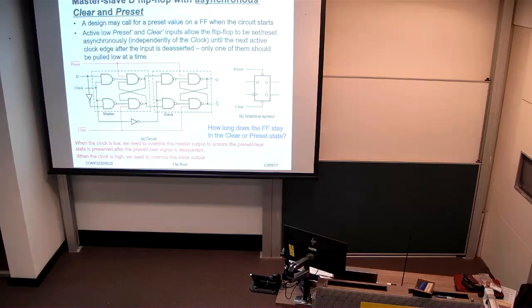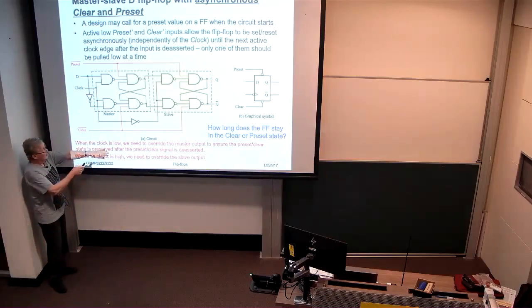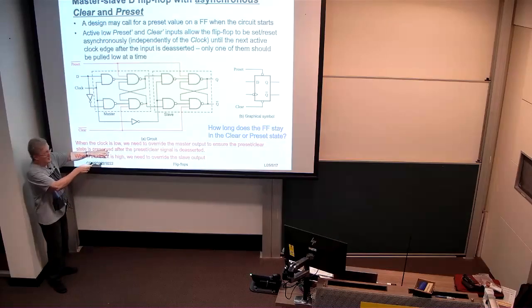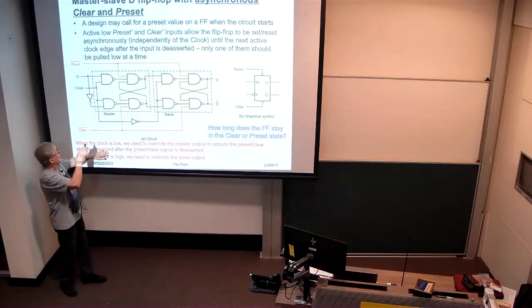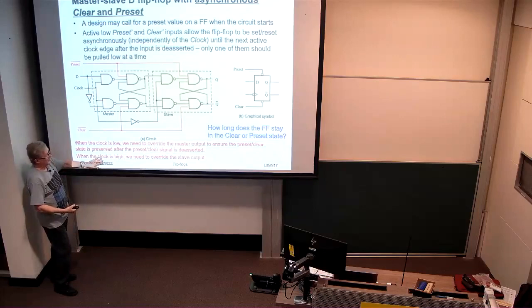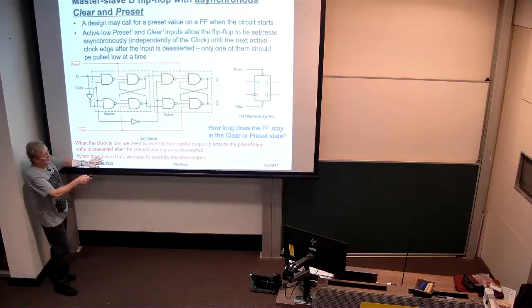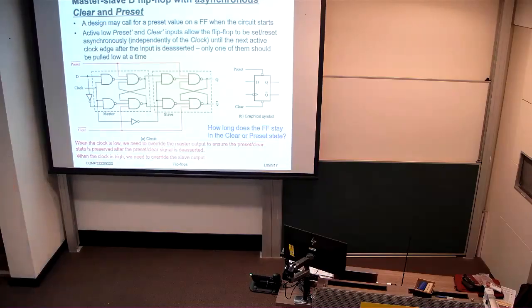You might have to think about this a little bit, but we've discussed the case where when the clock is low, we need to change the value of the master as well as the slave so that the slave doesn't get any new inputs when the preset or the clear signal is deasserted again. And on the other hand, if the clock is high, we only need to worry about the slave output. So how long is the slave going to be maintaining that preset or clear state?